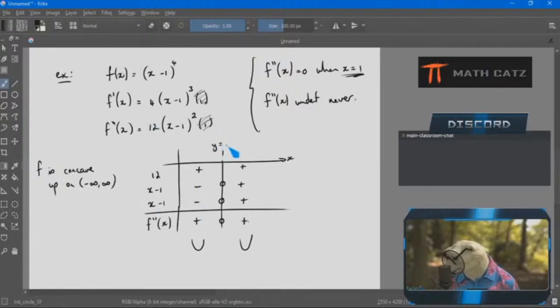I have a y value. The y value happens to be 0. So I have a point. I have it as a potential inflection point, but the bend doesn't change.